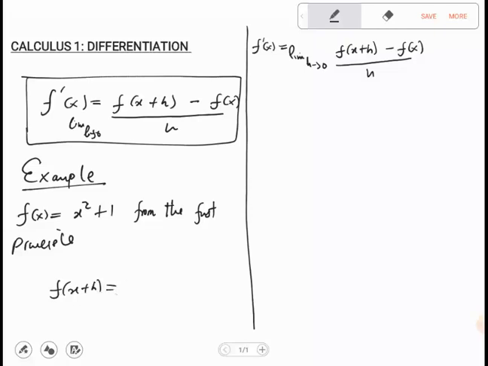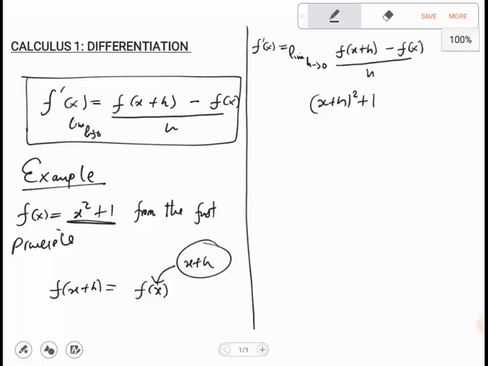In f(x), where there's x in that function, you put x plus h. The function here is x squared plus 1, so where there's x, we put x plus h. So we say (x plus h) squared plus 1.